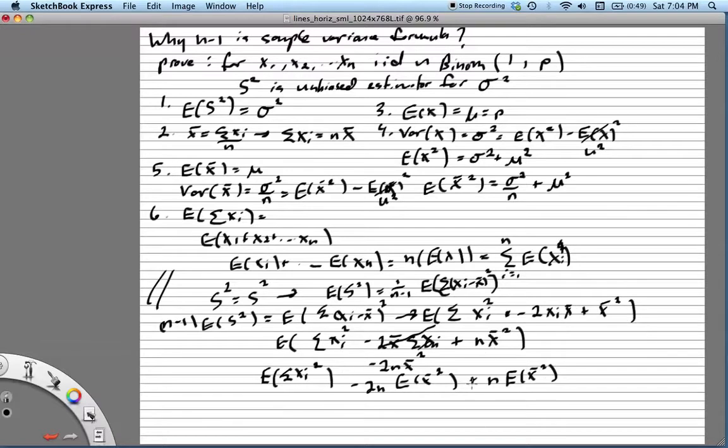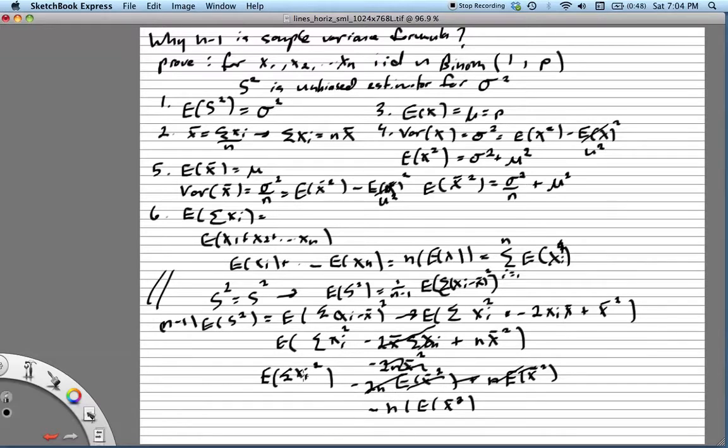Okay, I should have done this before this step, sorry, but we can combine these two. We have minus 2n times something plus n times something, so what we end up with is just minus n expected value of x bar squared. And now we've effectively reduced our problem to these two terms.